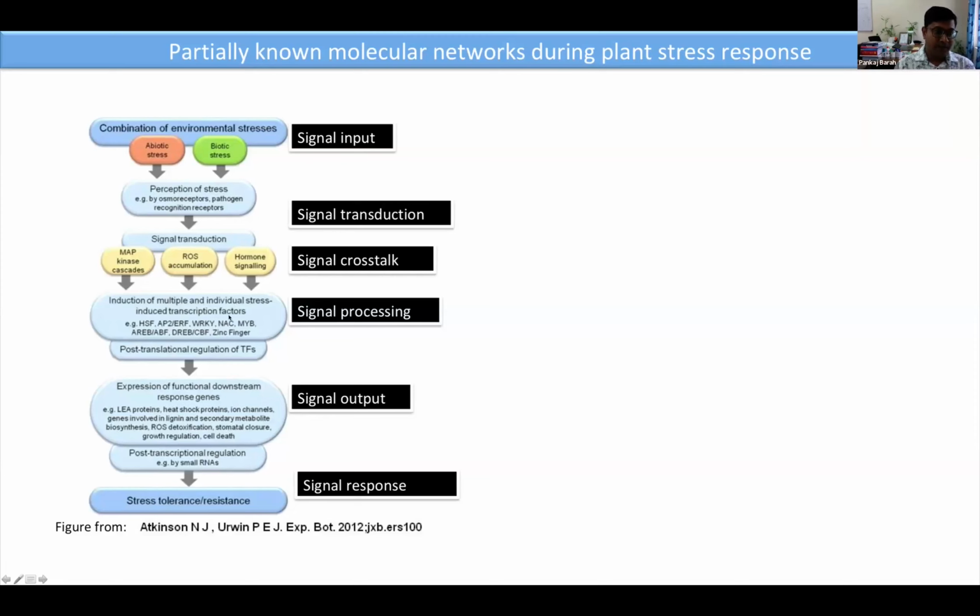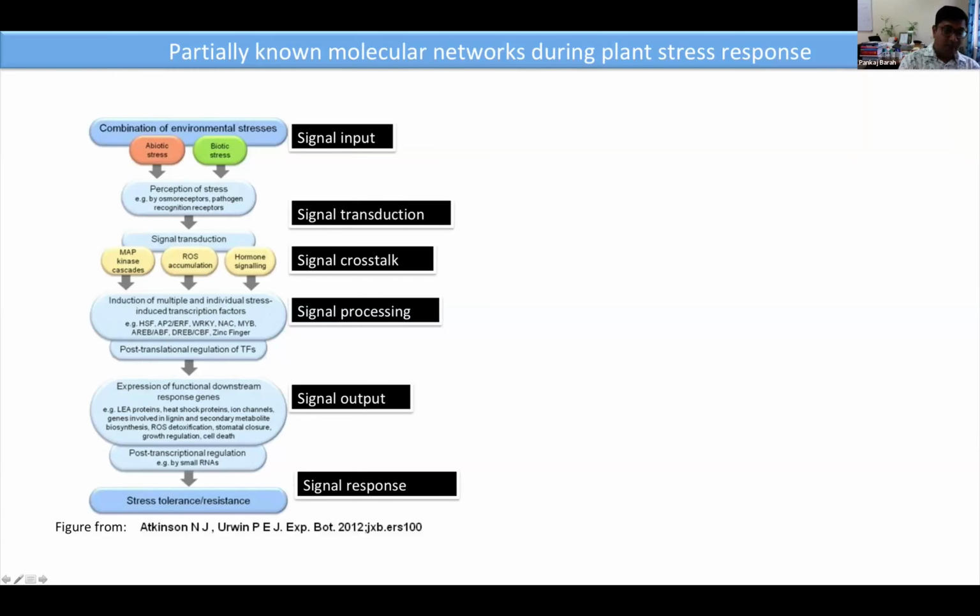There are multiple players, like the transcription factors, which play a crucial role during signal crosstalk and signal processing. And even at the transcriptional and translational levels, we have many complicated regulatory mechanisms, post-transcriptional and post-translational.